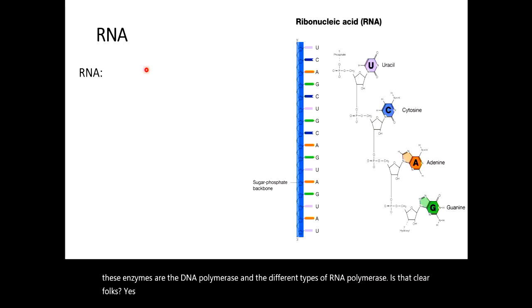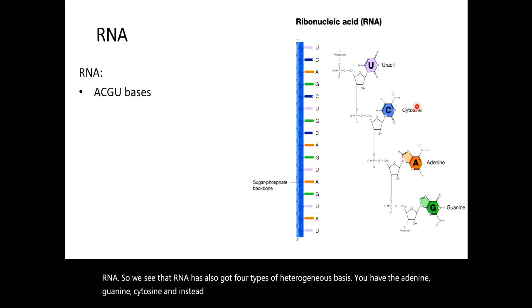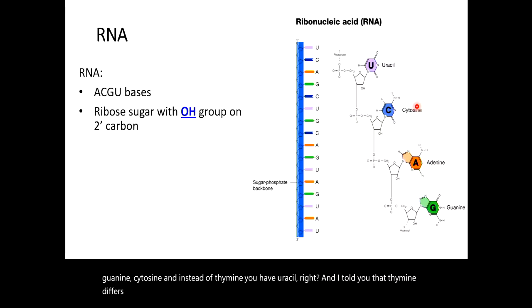Okay, great. Let's move on to talk about some of the structural features of RNA. So we see that RNA also has four types of nitrogenous bases. You have adenine, guanine, cytosine, and instead of thymine you have uracil, right? And I told you that thymine differs from uracil in that it has this extra methyl group. That's the only difference.